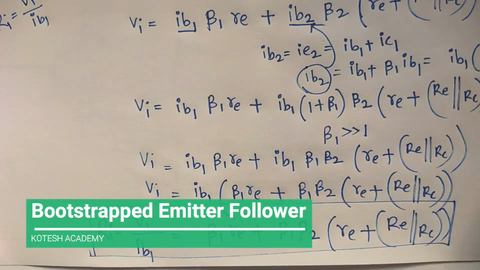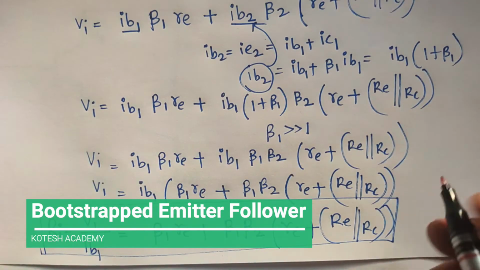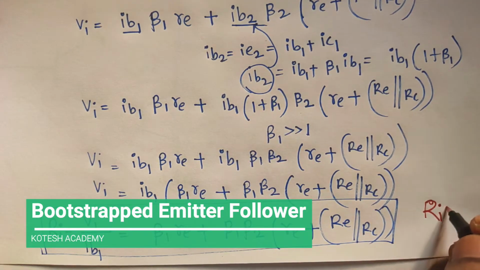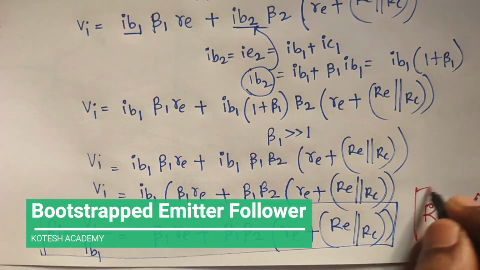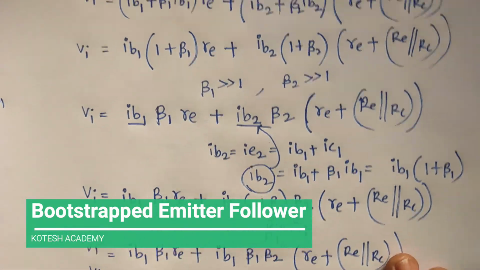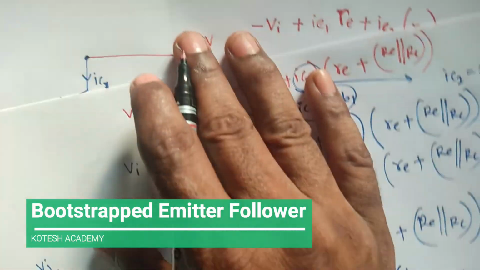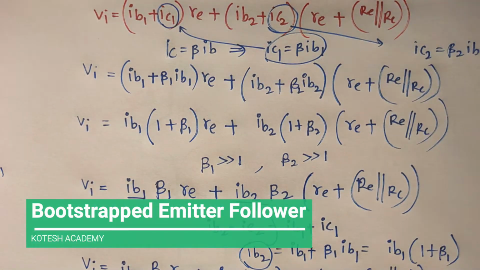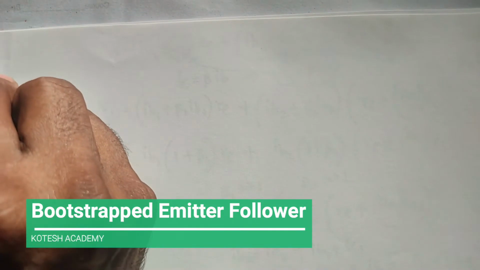Due to this input impedance, we can increase the value. So that is, the RI value increases. That is a major advantage for bootstrap amplifier. Applications.